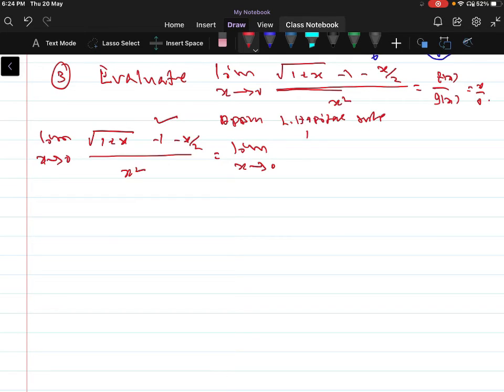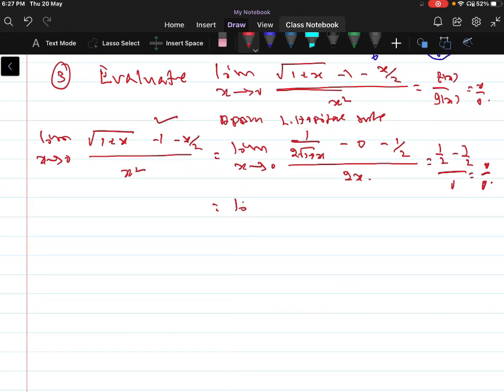So that is 1 by 2 root of 1 plus x, differentiation of 1 plus x is 1, minus 0 minus 1 by 2, divided by differentiating the denominator, that is 2x. Now take x equal to 0, that is 1 by 2 minus 1 by 2 by 0, again 0 by 0 form. So again let us apply L'Hopital's rule.